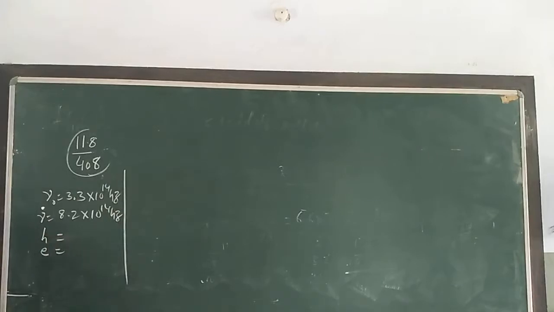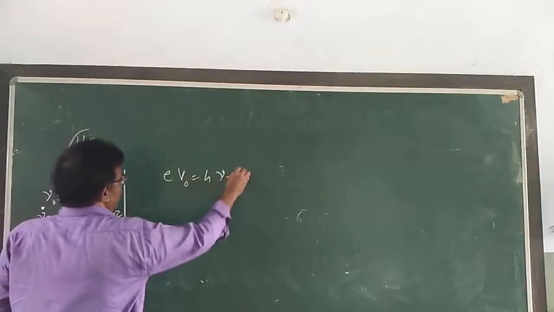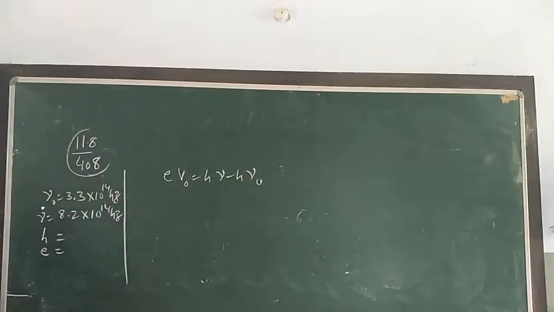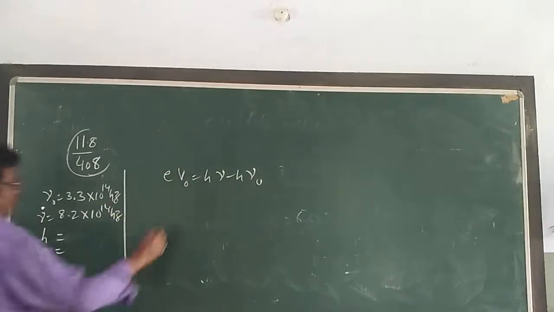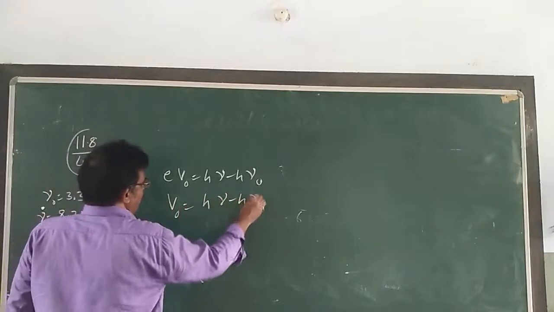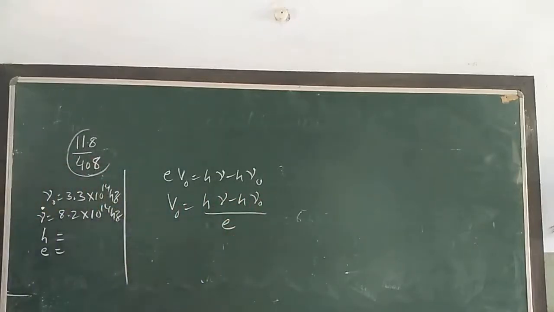What is our formula? E V naught is equal to h nu minus h nu naught, according to the Einstein photoelectric equation. So V naught is equal to h nu minus h nu naught divided by E. Use this formula and put the values.